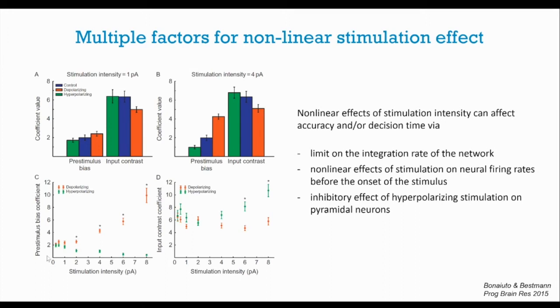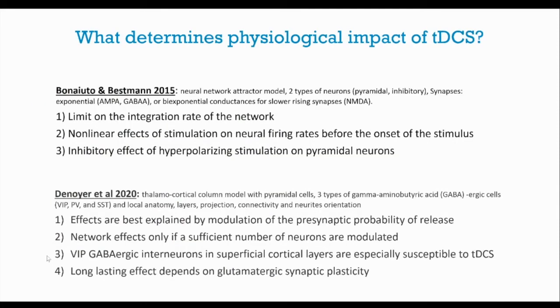There are others, and it's just for example from which is a very different model and gives sort of additional hypotheses or explanations. Now, these authors concluded that the effect we see is really because we modulate the probability of presynaptic release, that we only really see an effect when there's a sufficient number of neurons that are modulated.